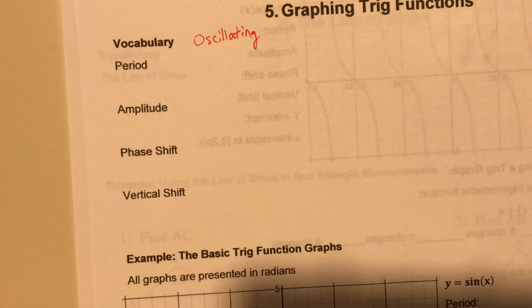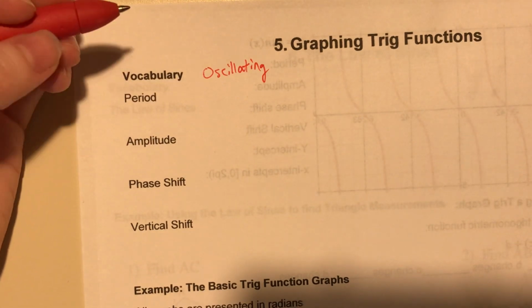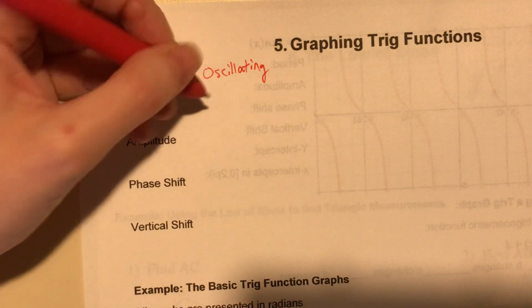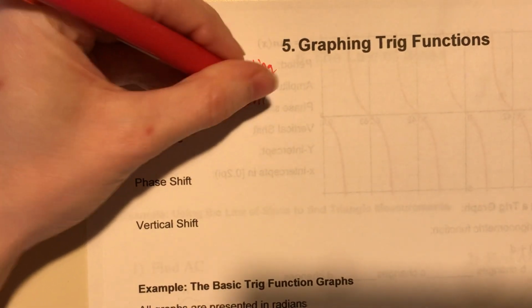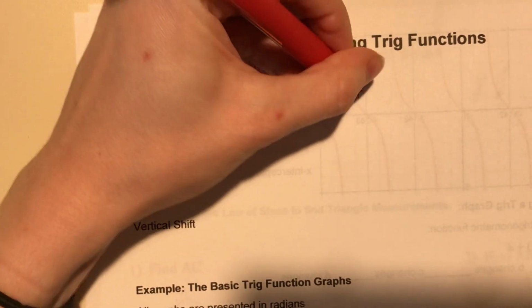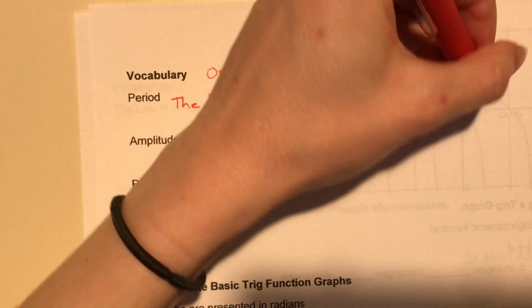So the period of any function that does this pattern where it repeats is the horizontal cycle distance of the function.